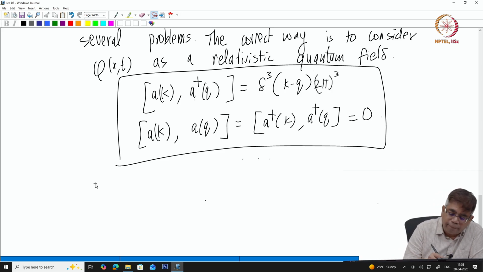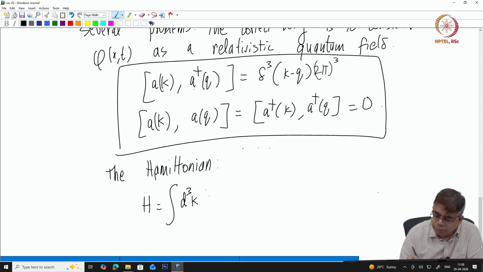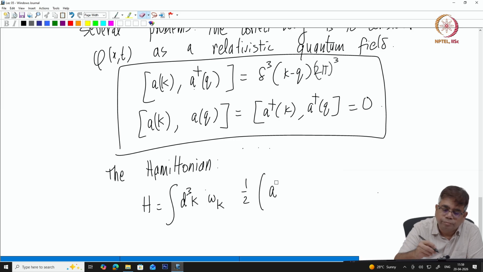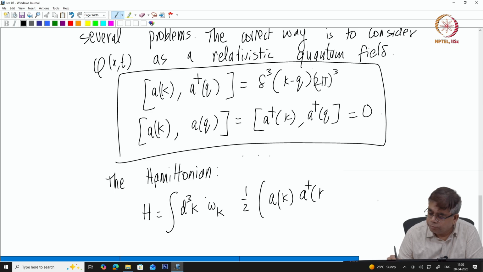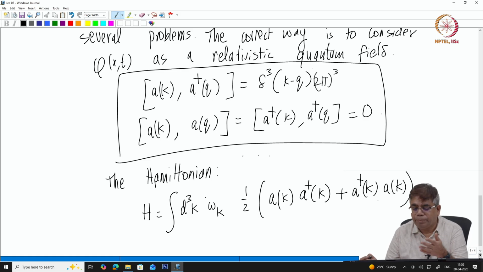What does the Hamiltonian look like? It is the integral over k of 1 by 2 omega k times (A dagger A plus A A dagger).